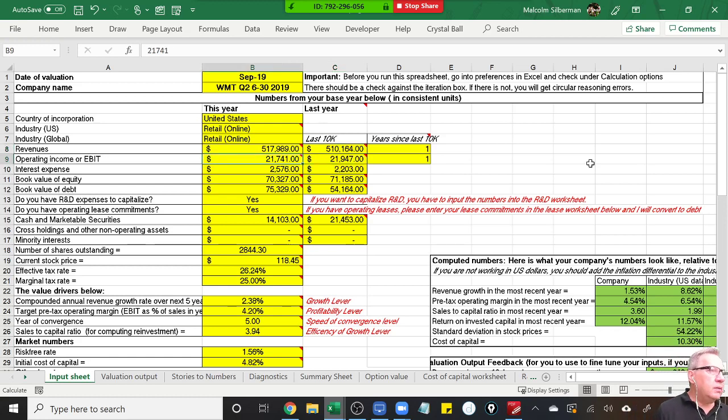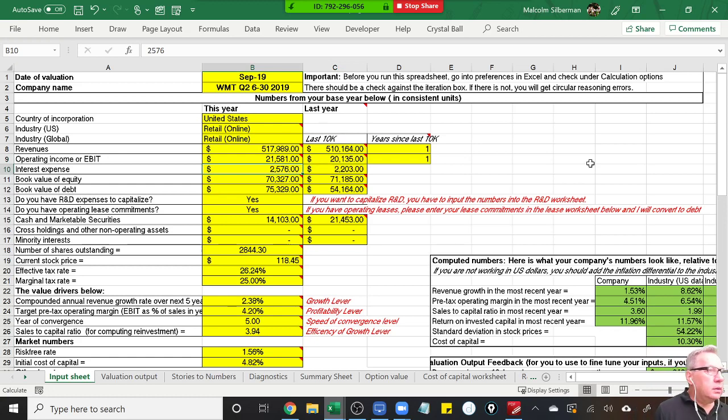And then the operating income? 21,581. Then what do you need? Last 12 months minus 1? Yeah. 20,135.